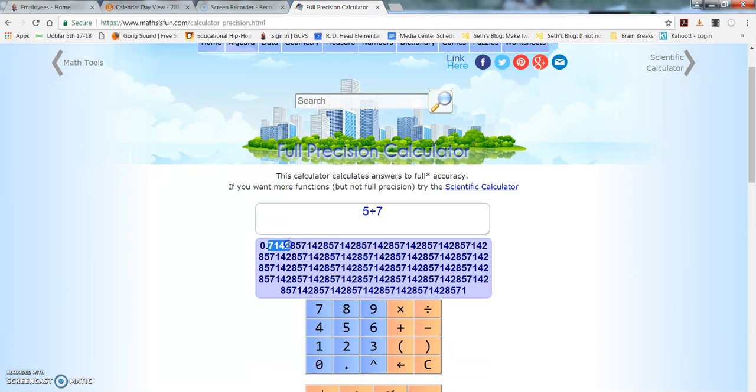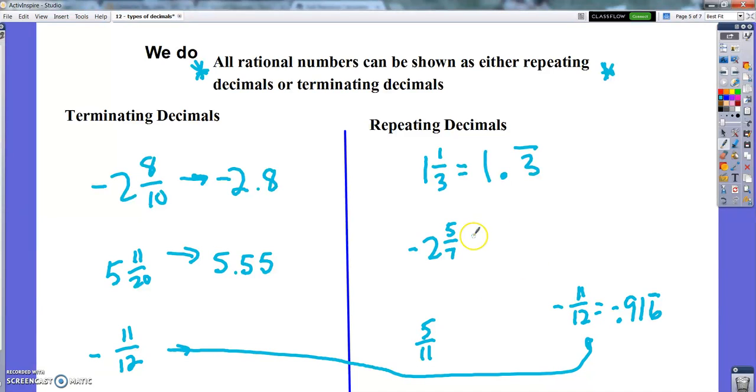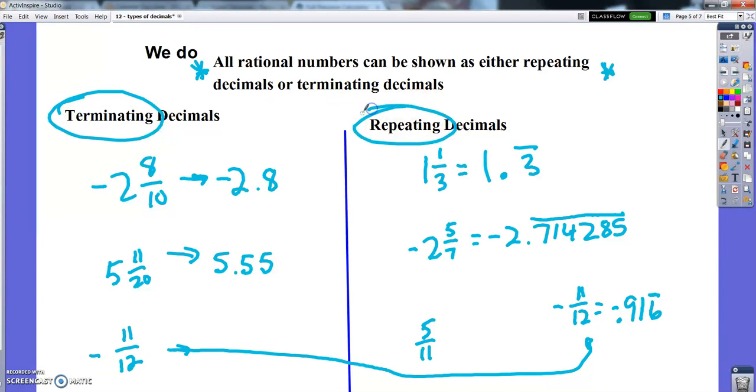Let's see, 714,285, 714,285, 714,285, and that whole thing repeats. I'm going to put a line over the whole thing. All right, so any fraction, when you do the math and change it to a decimal, it'll either be a terminating decimal or a repeating decimal, one or the other.